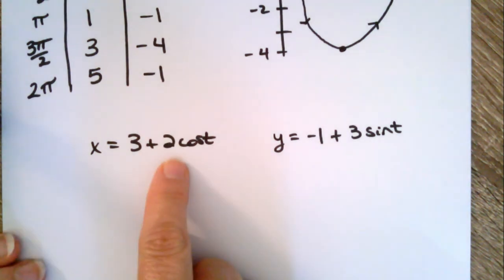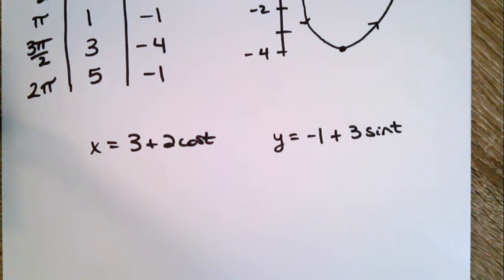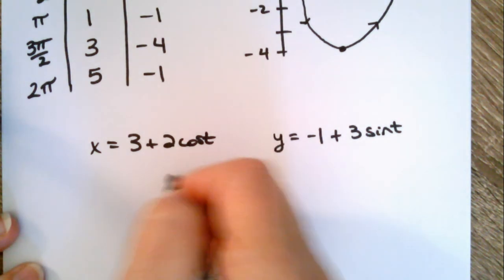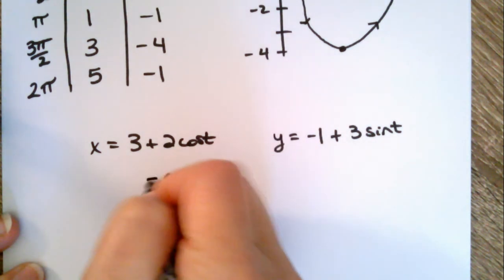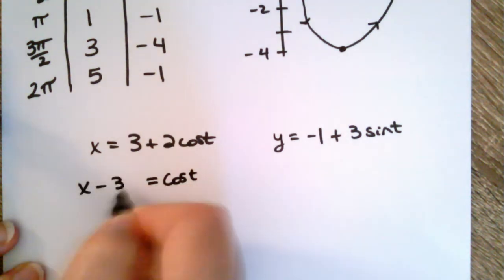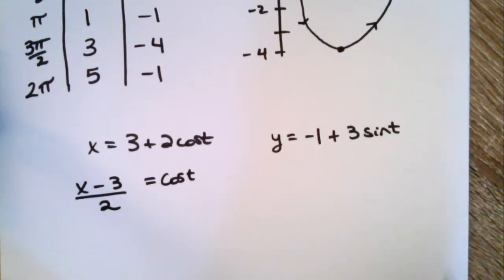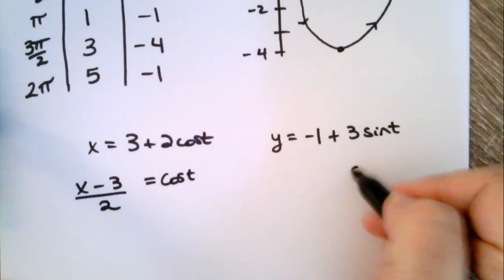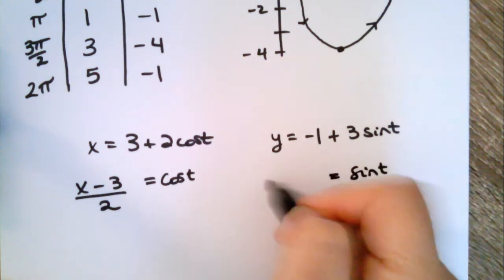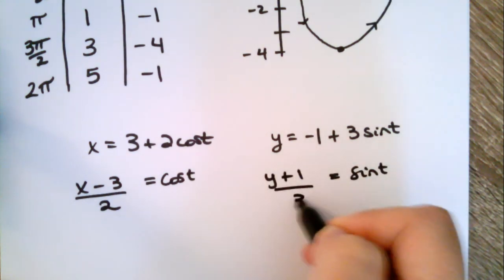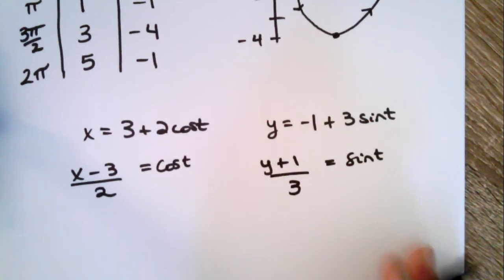I'm going to start here and I'm going to solve for cosine t. So cosine t is going to be equal to x minus 3 divided by 2. Over here, I'm going to solve for sine t, which is equal to y plus 1 divided by 3.